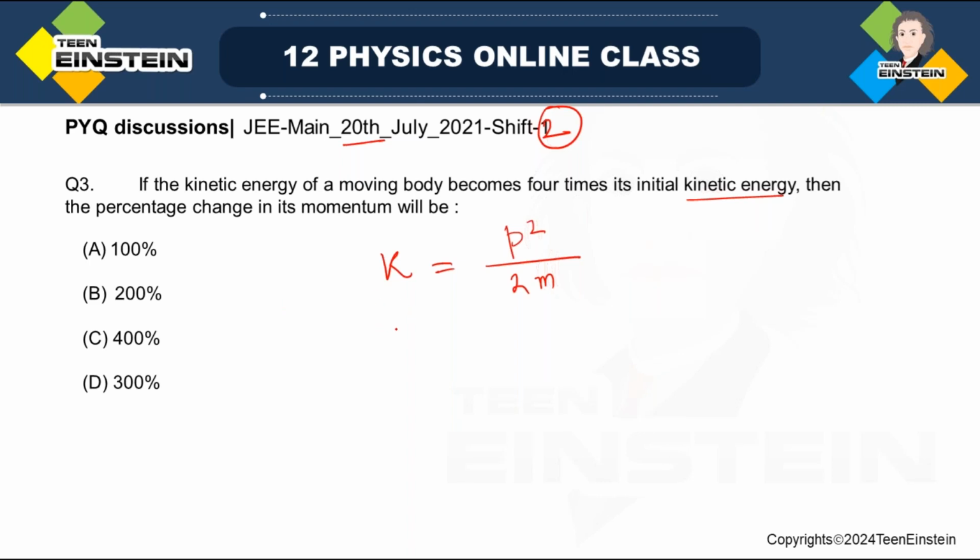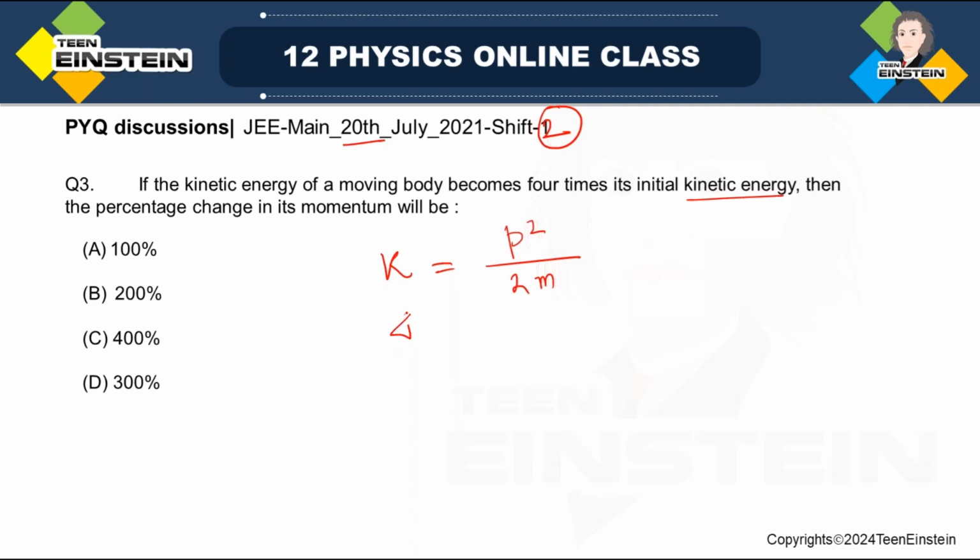Let me take the derivative for the percentage change in the momentum. So let me take ln and then take the derivative with respect to K and P, as you do in case of percent error.